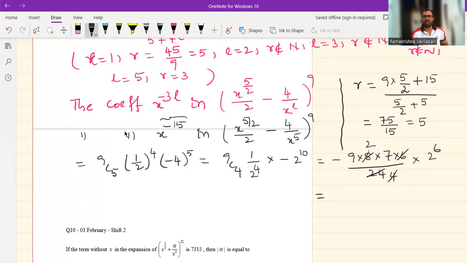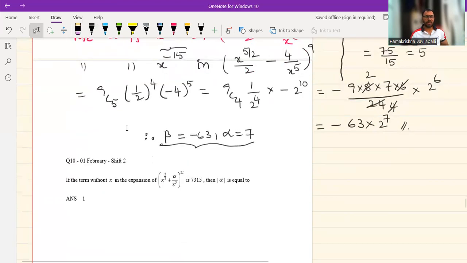So this is equal to minus 63 into 2 to the power of 7. There ends the matter. So now you can understand that this is beta into 2 to the power of alpha. Therefore, beta equals minus 63 and alpha equals 7. Substitute these values, you will get the answer.